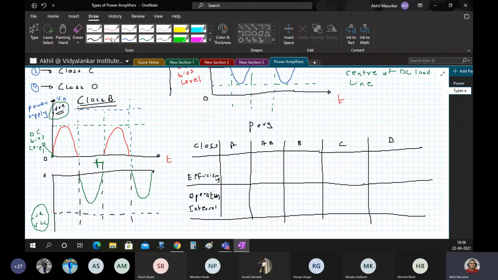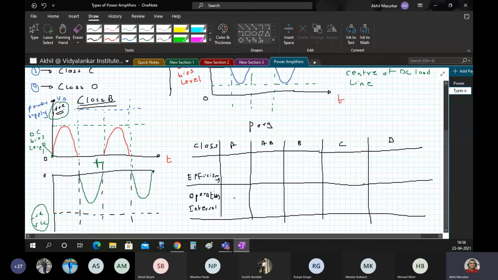As far as class A is concerned, the operating interval is 360 degrees. It operates over the full cycle. For class AB the operating interval is 180 degrees to 360 degrees. For class B it is strictly 180 degrees. For class C it is less than 180 degrees.